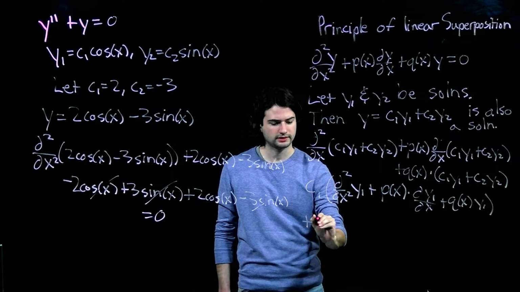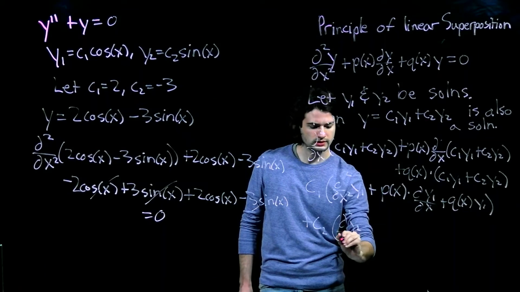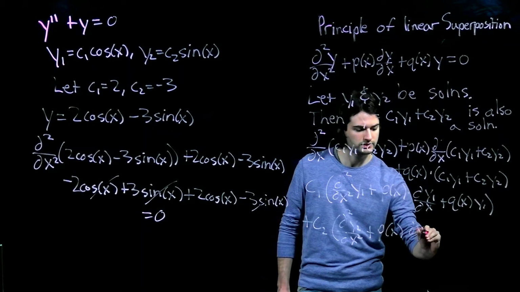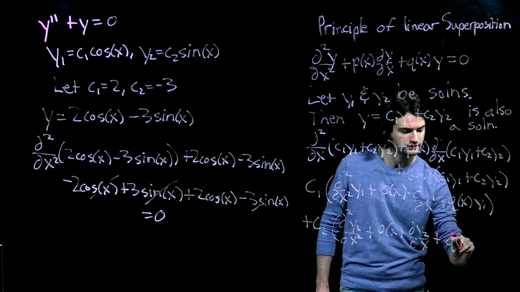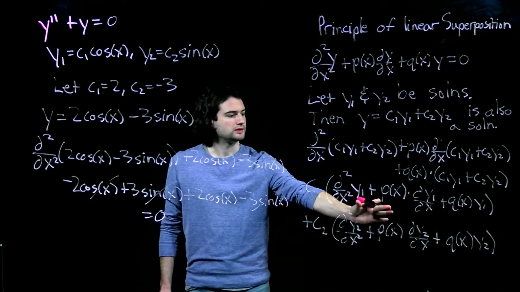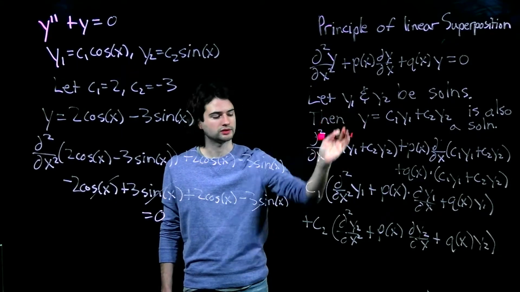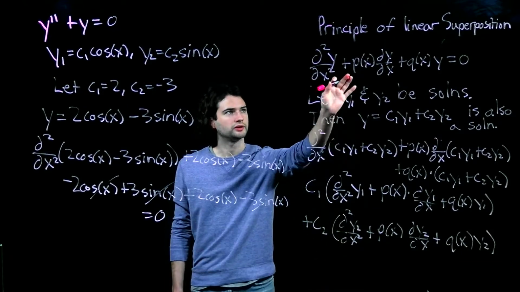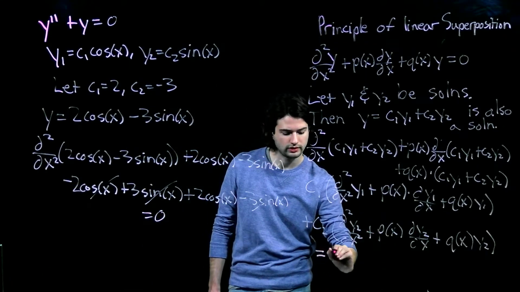And then we have plus c2 times d2y2 dx squared plus p of x times dy2 dx plus q of x y2. And we notice that this is just the original equation, but with y1 plugged in, and y1 is the solution, which means this is equal to 0. Again, we have y2 plugged into our differential equation. y2 is the solution, so this is also equal to 0 here. So this whole thing is equal to 0.